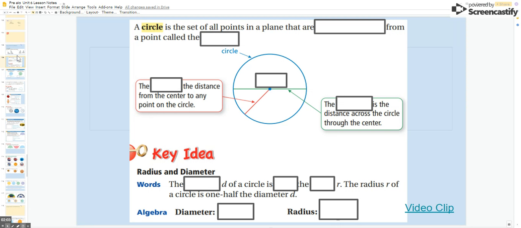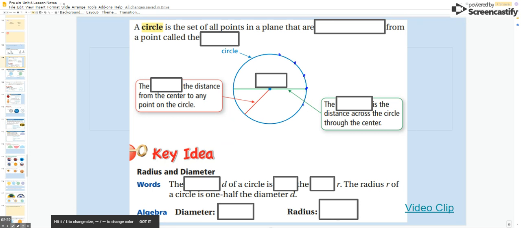We're going to learn about circles and how to find the circumference today. So if you look at the circle, the definition of a circle is the set of all points in a plane.